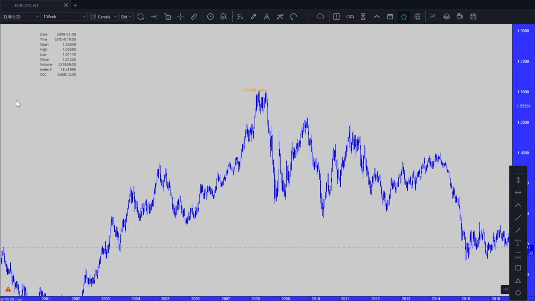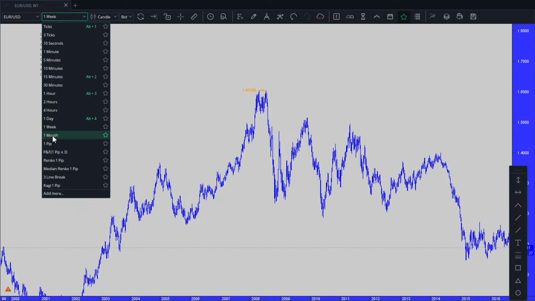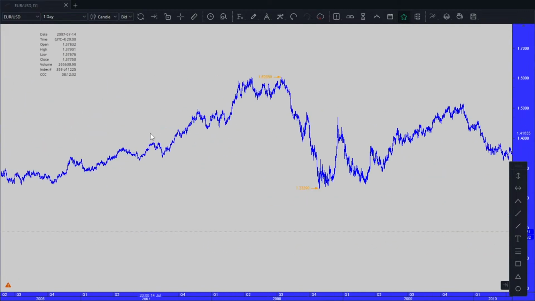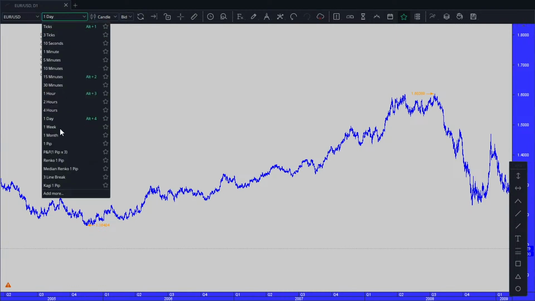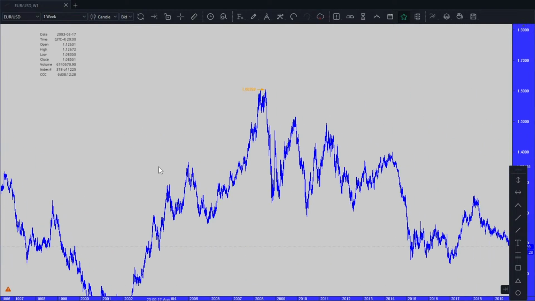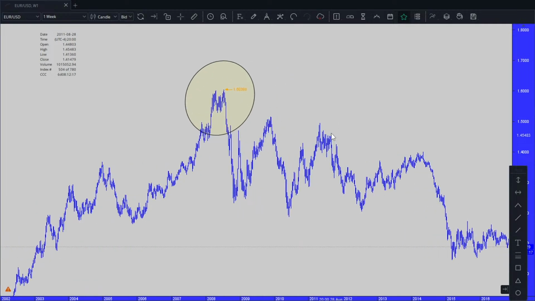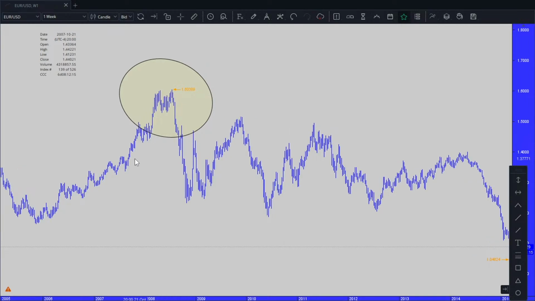Daily chart. And one more time, weekly and circle. We might not finish today with the daily, but it's going to be your homework.